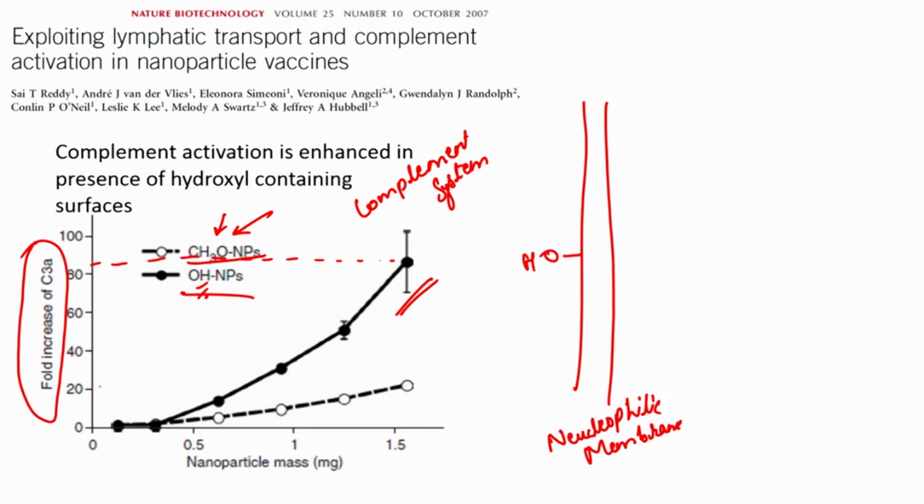With the OCH3 particle, they get about 20% increment, but with the hydroxyl particle they get all the way up to 80-85% increment in the amount of C3a. So this is going to act as a good activation for lots of immune cells, and if you now present antigen, it is going to generate a much more immunogenic response than without this complement activation.